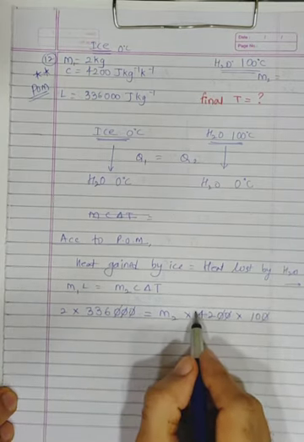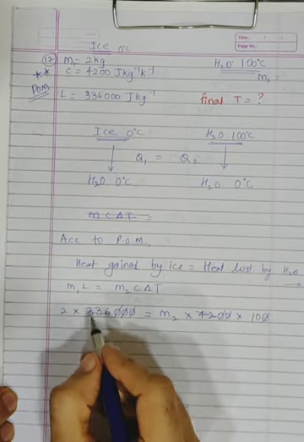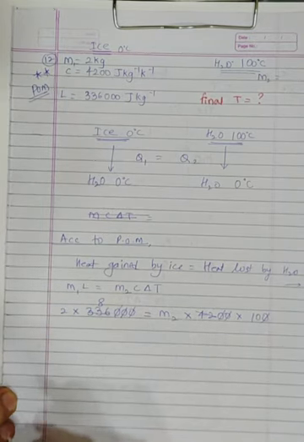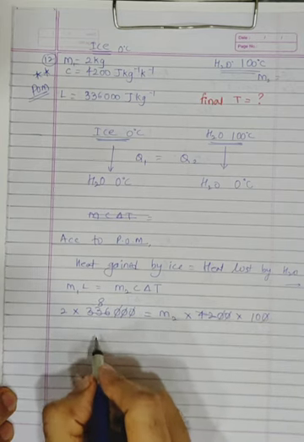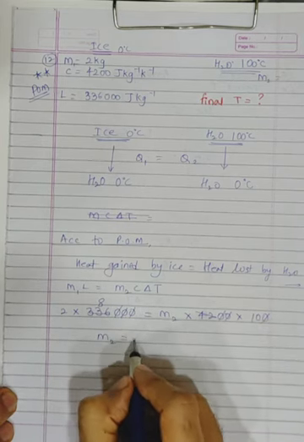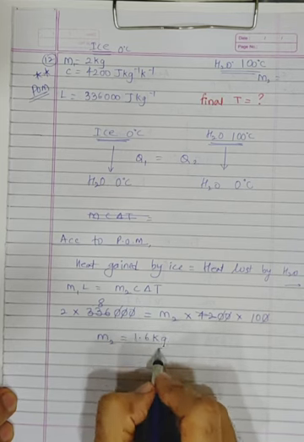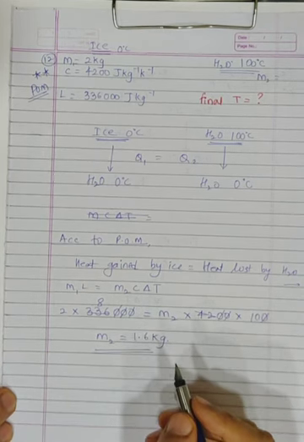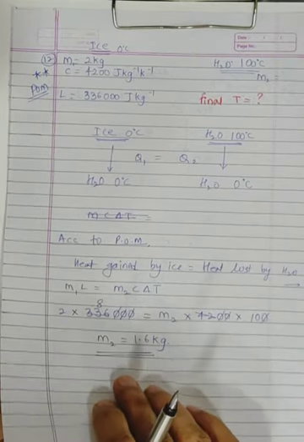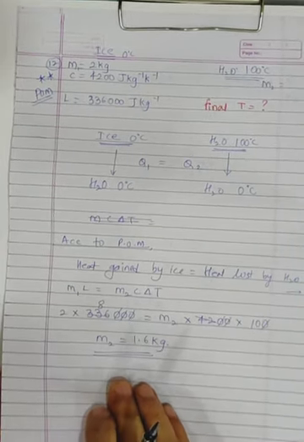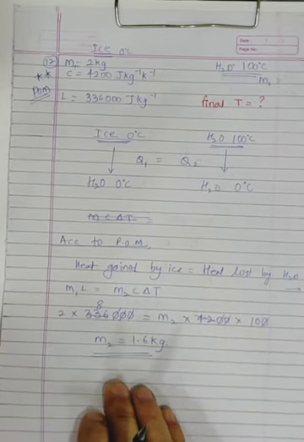Again, do you remember 42 ones are... 42 will go how many times? 8 times. What is 2 into 8? 16. What is 16 upon 10? 1.6. So M2 is equal to 1.6 kg. That's your final answer. So we need 1.6 kg of water at 100 degrees to melt 2 kg of ice at 0 degrees.